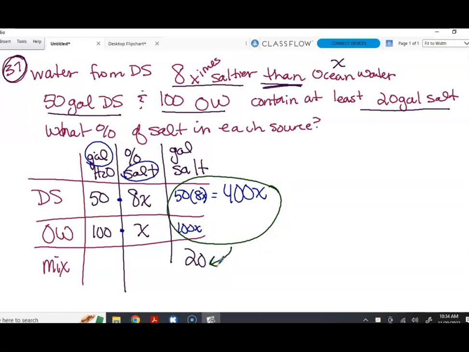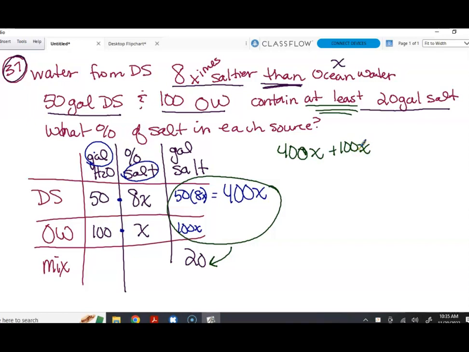All right, so we're combining these two things to get 20 gallons of salt. Not to get 20, but to get at least 20. We can put that in there. So what do I need to do with those two blue numbers? We're going to add them because we're combining them. So 400x plus 100x contains at least 20 gallons.